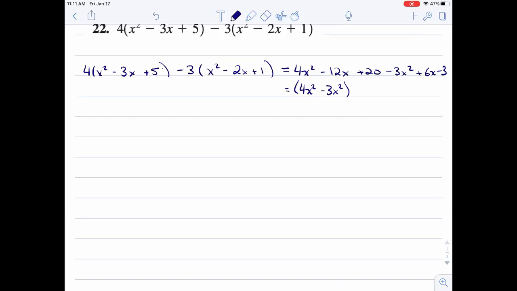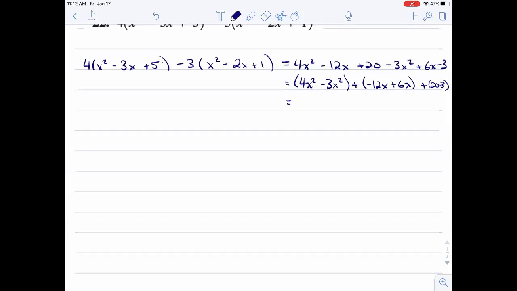And then I'm going to do plus negative 12x plus 6x. If you wanted to do minus, right, but then inside the brackets, you would have to do 12x minus 6x, right? So you want to be careful there. And then plus 20 minus 3, right? Collecting all your like terms.